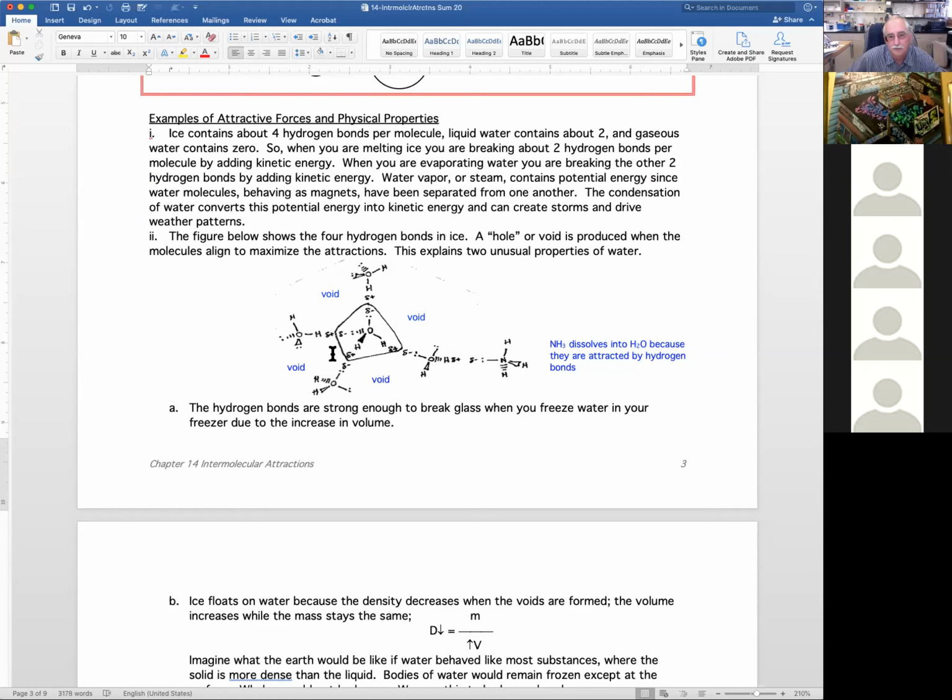So when you start cooling down water, these things are vibrating more and more slowly around each other. And the more slowly they go, the more effective these attractive forces become, and they eventually line themselves up to maximize the strength of that attractive force, in this case, a hydrogen bond. That leaves this void right there, which causes the volume to go up and therefore the density to go down.